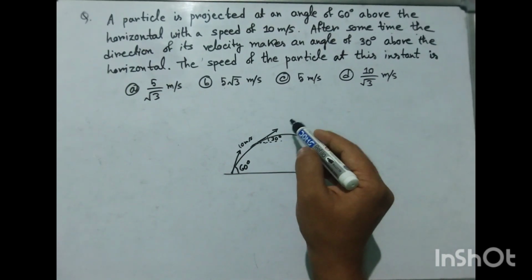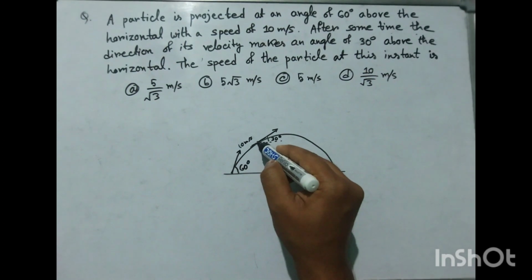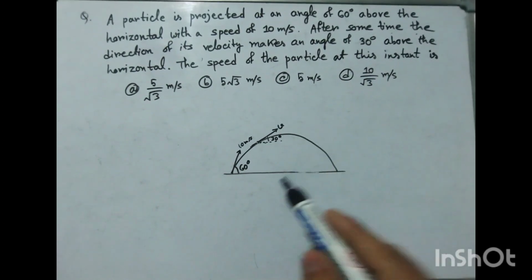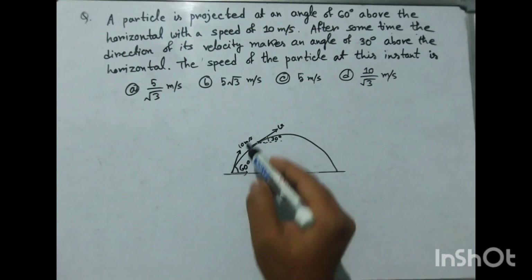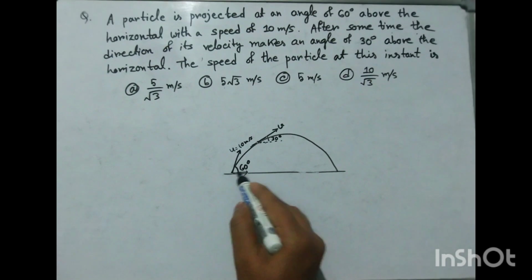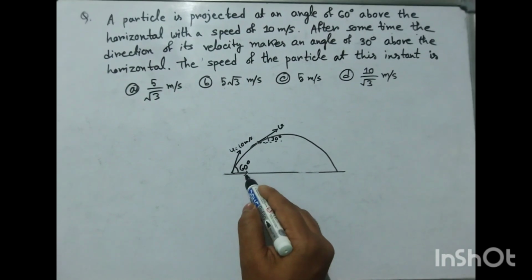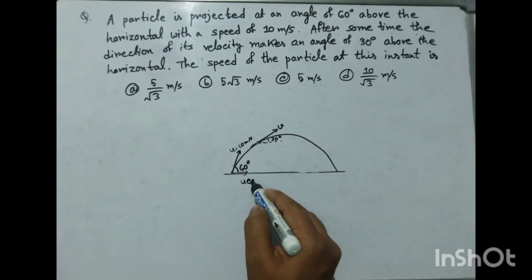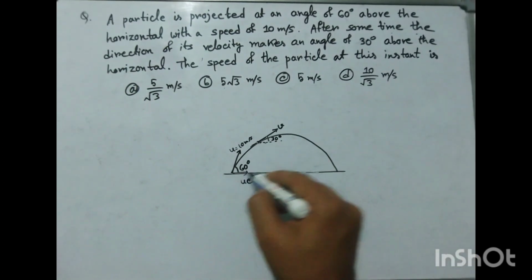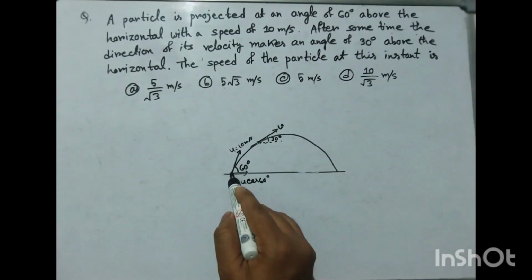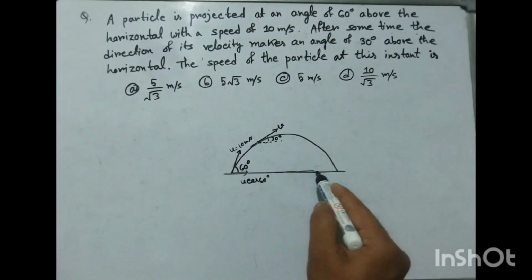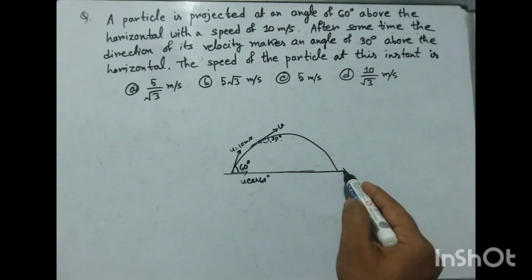The speed of the particle at this instant: what will be the speed at this point? We have to find this speed. So we know u is equal to 10. The horizontal component of it will be u cos 60 degree. And we know the horizontal component remains constant throughout the motion because there is no force acting along the horizontal axis.